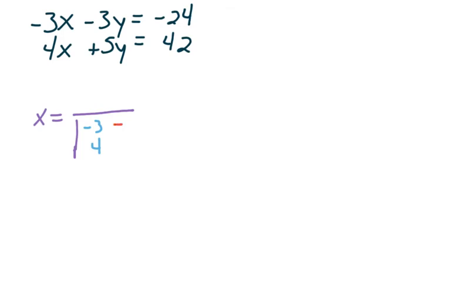The y is negative 3 and 5. I'm solving for x first, so I'm going to change the x's, which means that the y's stay the same, and the x's become the unused numbers or the constants.